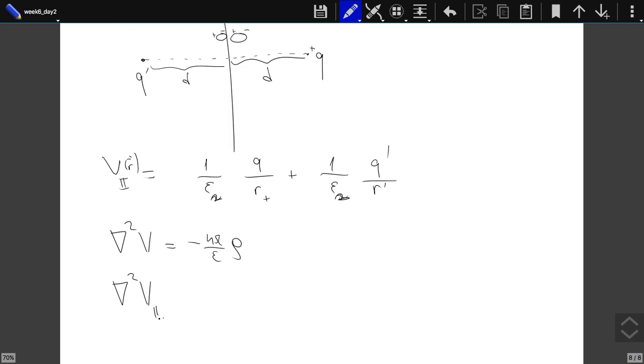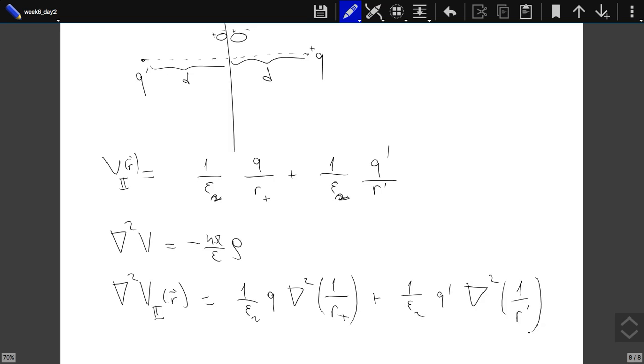Laplacian of V2 in region 2 is equal to 1 over epsilon 2 Q times the Laplacian of 1 over R plus, plus 1 over epsilon 2 Q prime times the Laplacian of 1 over R minus.